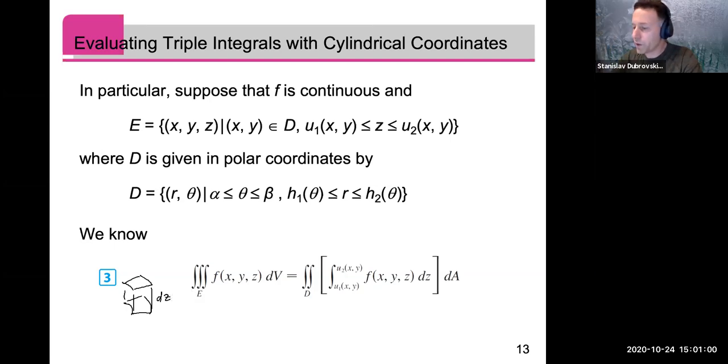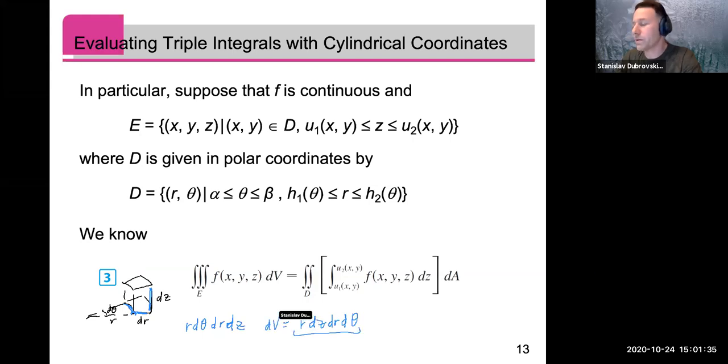If this is r, this is dr, and this is d theta, you will have this side equal r d theta. That side is, of course, dr, and that side is dz. That's why you will write it typically as r dz dr d theta for the situations that we discussed.